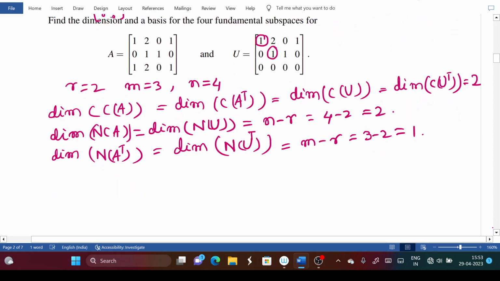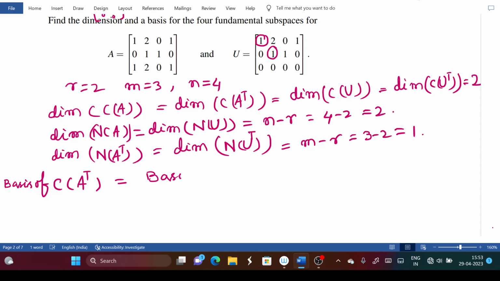Next is row space. C of A transpose basis: basis of row space of A is equal to basis of row space of U, that we will write here.